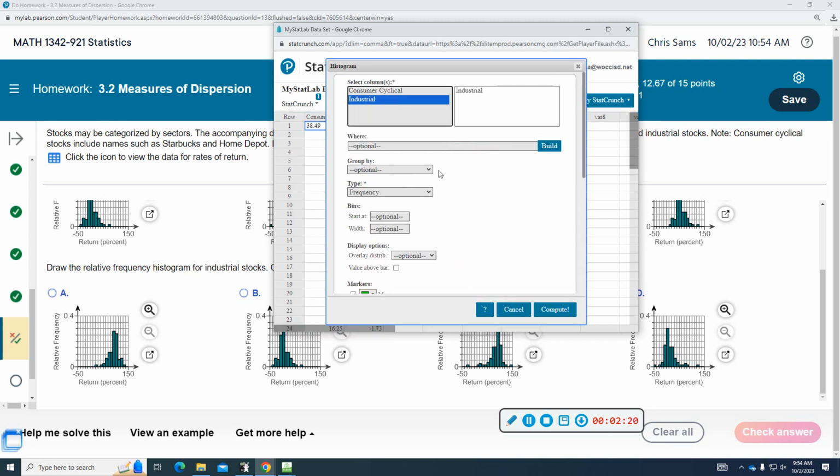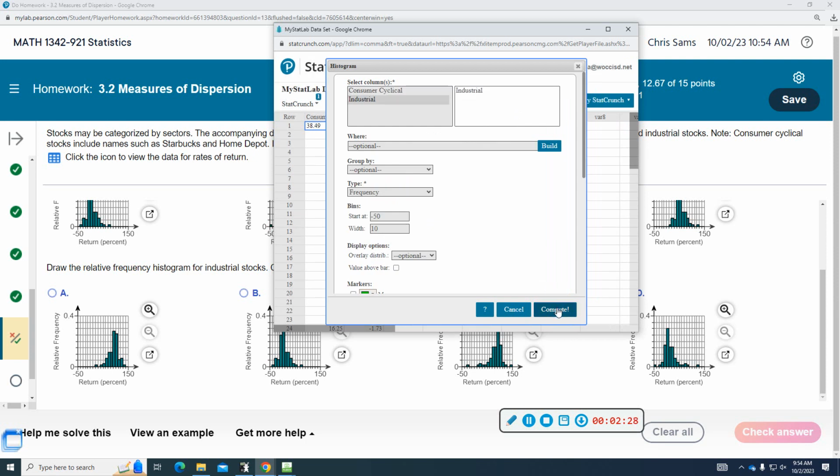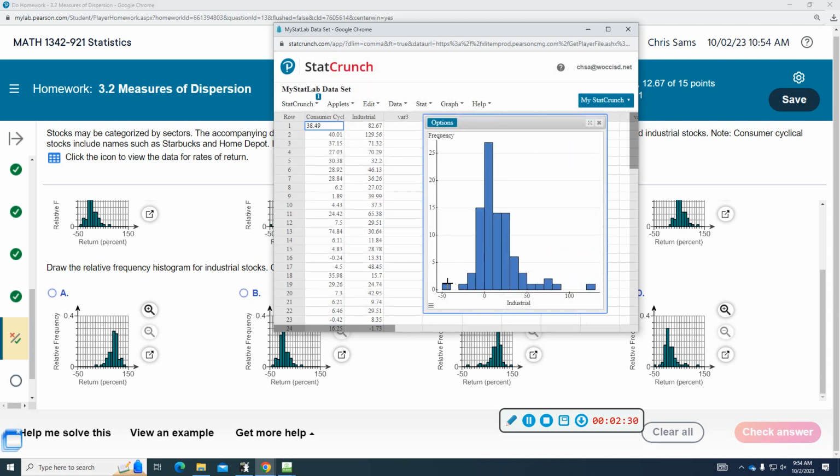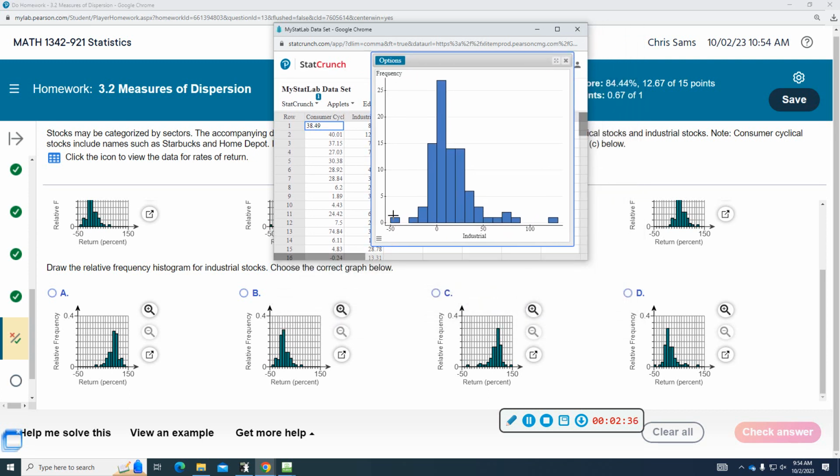This time we're going to do industrial. The same measurements, 10 and -50. We're going to go build and industrial. Compute. So here's our industrial graph. This one is right on -50, starts at -50. Looks like D gives us the best shape.